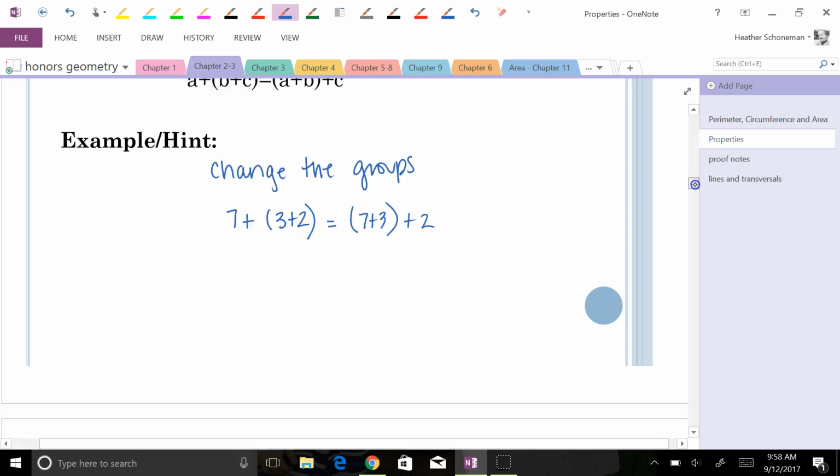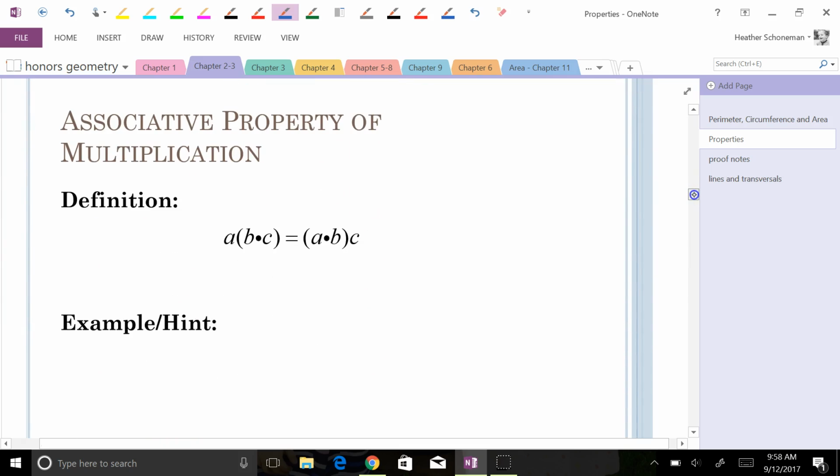You can change the groups when you're adding, and you can change the groups when you are multiplying. So we have 3 times the quantity 4 times 2 is the same thing as 3 times 4 times 2. Both equal 24.